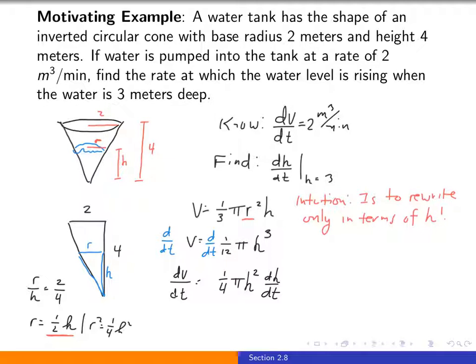And then we think about what it is that we want to solve for. We want to know what is dh/dt. So we need to multiply both sides by 4. So we'll have 4 dV/dt if we isolate that dh/dt. And then we are also going to have to divide both sides by pi h squared.